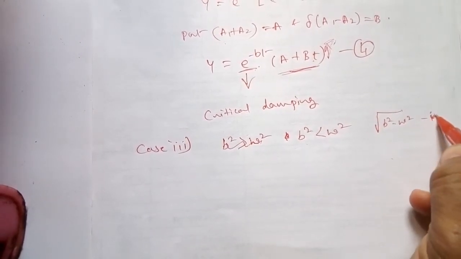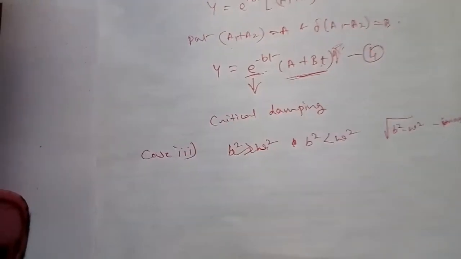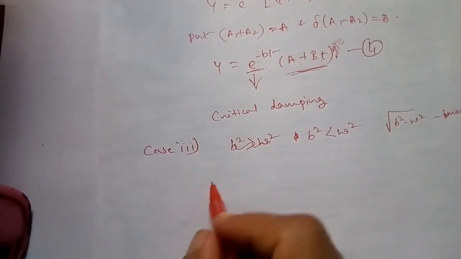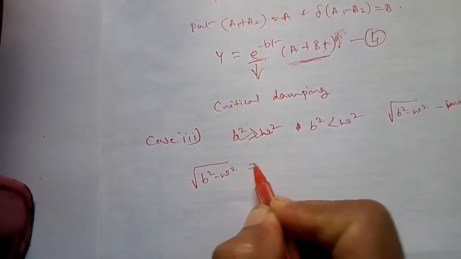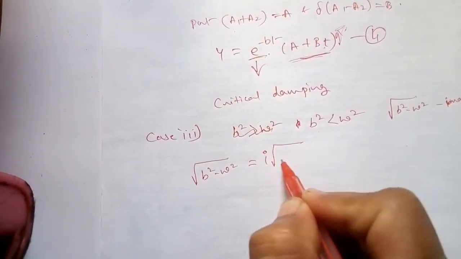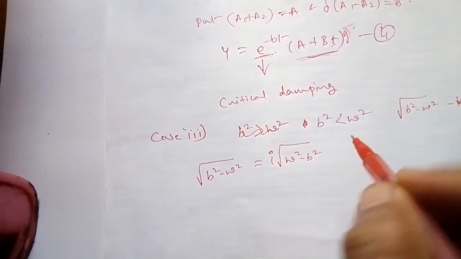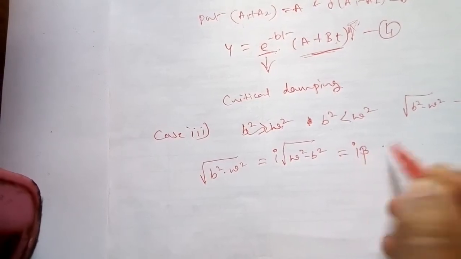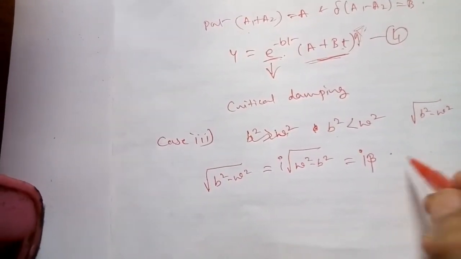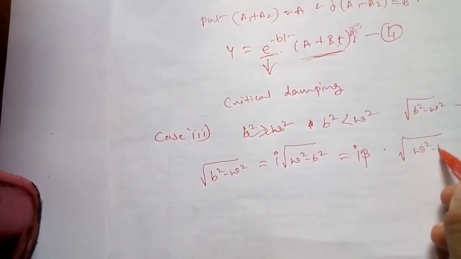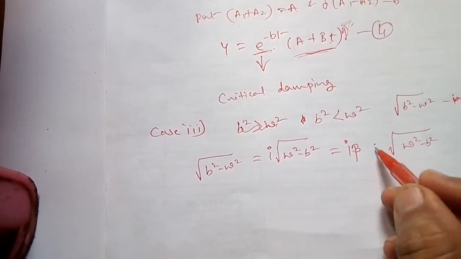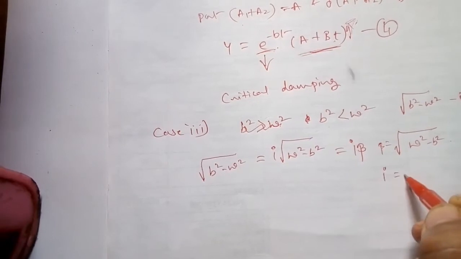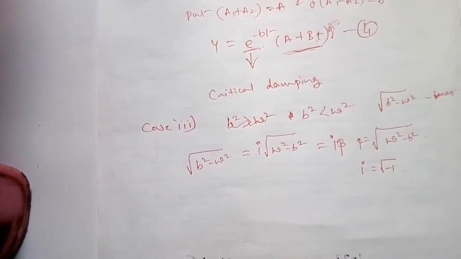So what we will do is write root of b square minus omega square as i into root of omega square minus b square, that is equal to i beta, where beta is root of omega square minus b square, and i is equal to root of minus 1.